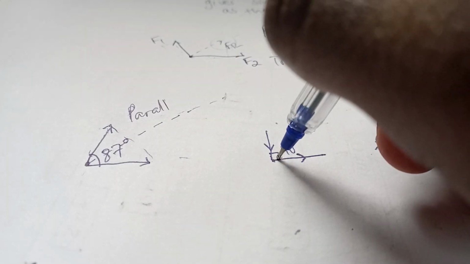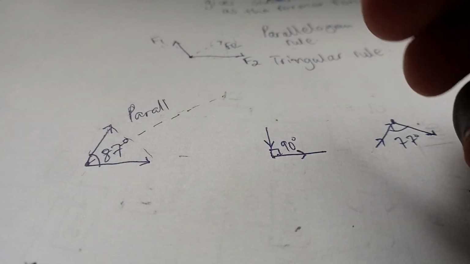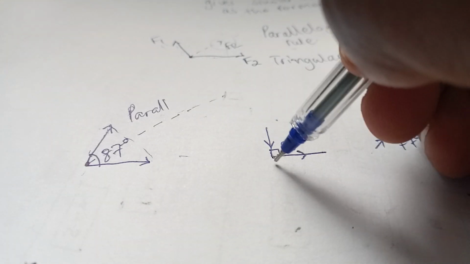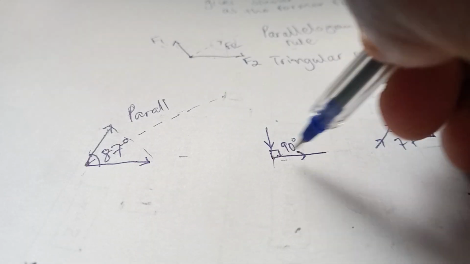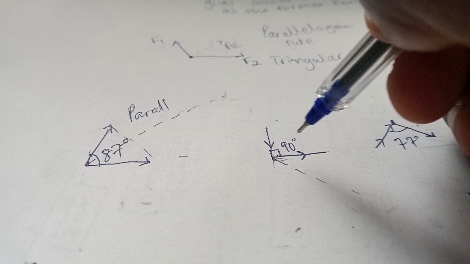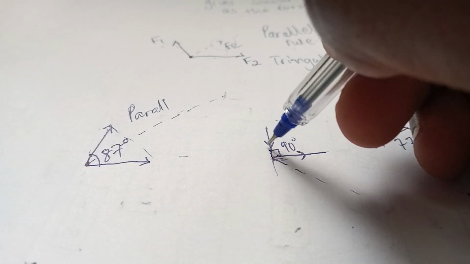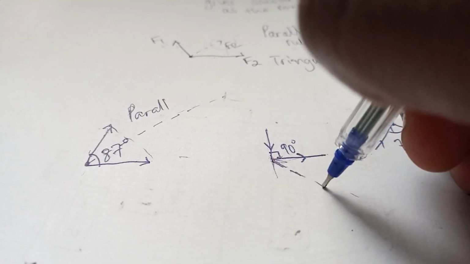What about this scenario here? Exactly, we use the triangular rule, because this force is acting downwards, this one is pushing it in this direction, so somehow it will move in that direction. It's being pulled downward, this one is pulling it the other way. So this body will move like this.